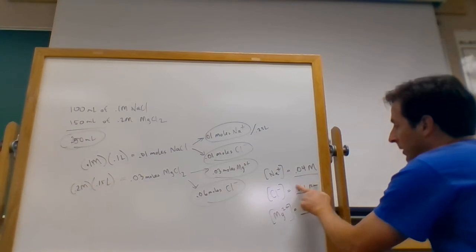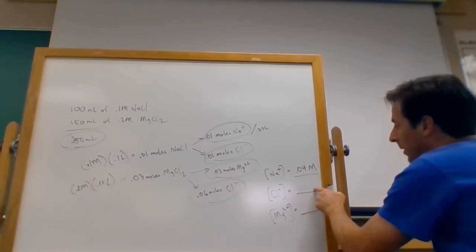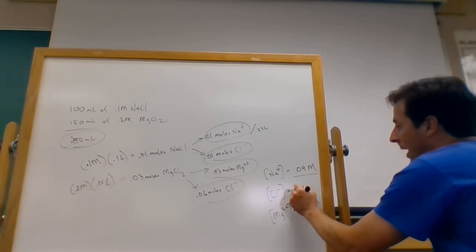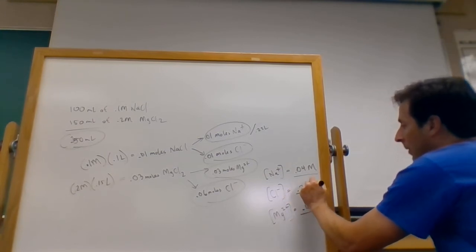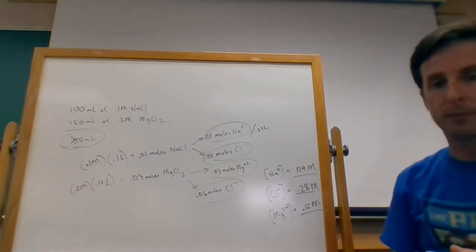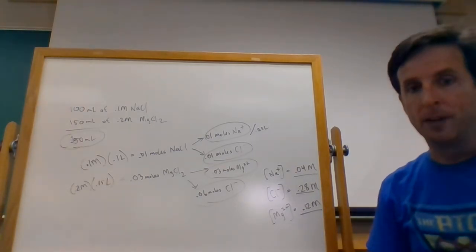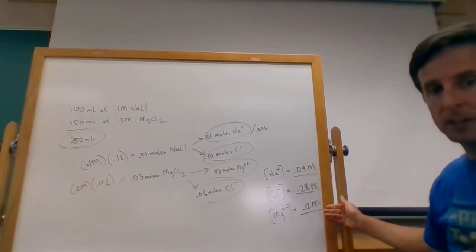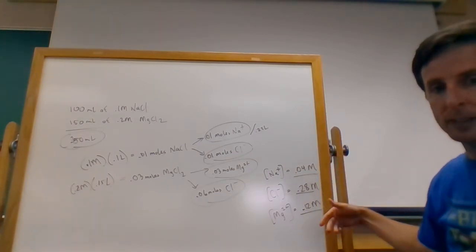Oh, and I wrote it in the wrong place. I'm messing up everywhere here. The magnesium was 0.12 and the chloride is 0.28. Okay, and that's all for that problem. These are the concentrations of everything in the solution after it's mixed together.